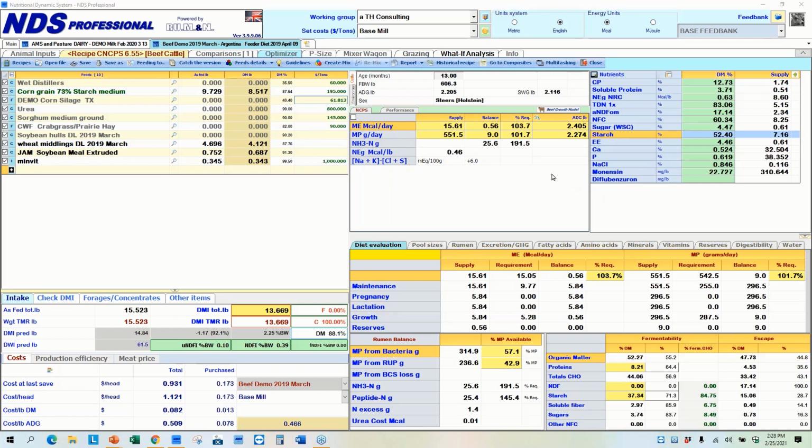And as I started playing with that, anytime you go into starch diets over 35 and such, I'm always going into the beef model as a description for that pen. Even when I do my heifers on pasture and they're getting 15 to 20 pounds of grain a day, the beef model does a much better job of predicting because of the high starch diet.